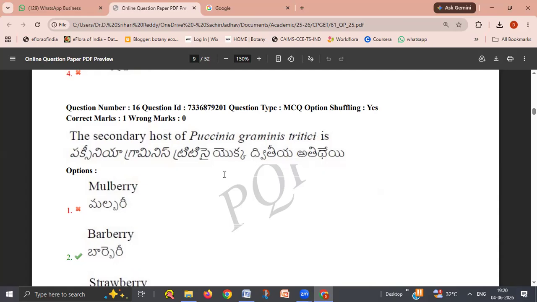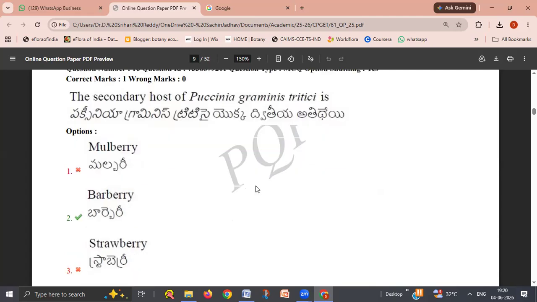So here it needs two hosts. One is called the primary host, another is called the secondary host. Just like malaria. Actually, the primary host is the human being. The secondary host is the mosquito. It needs a vector. That vector is called the secondary host. The victim or the main host is called the primary host. Here the primary host is wheat and the secondary host is barberry. Barberry is a weed.